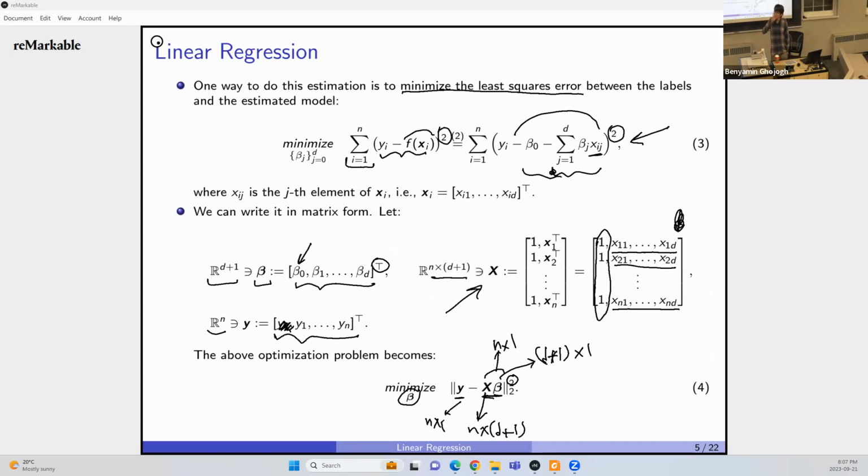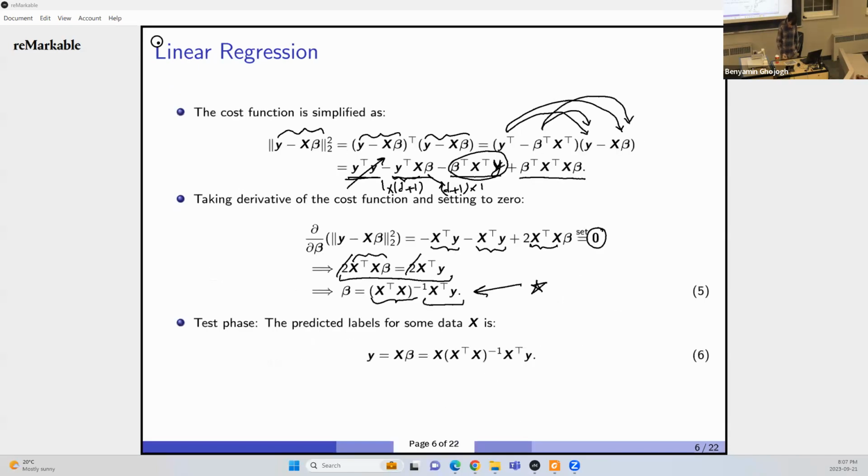Now in the test phase, assume I have q test points. I put them row-wise with 1 as the first column, so we'll have q rows and d plus 1 columns, right? I denote it by X. Now you tell me, how can I predict the labels of the test data set?